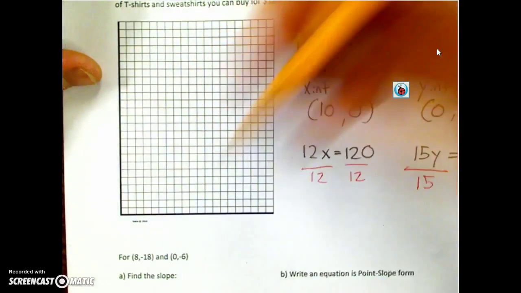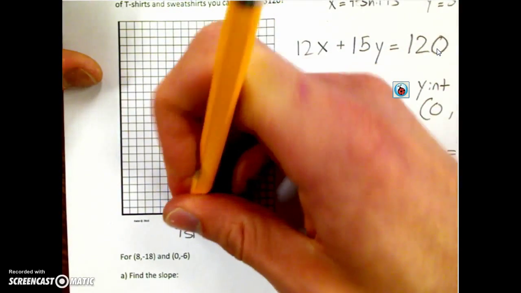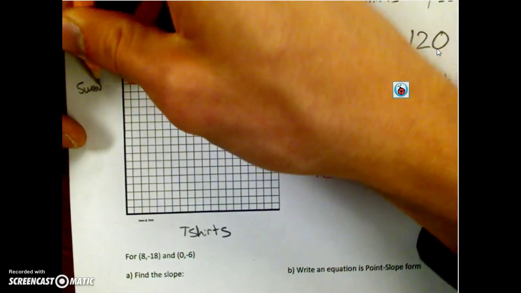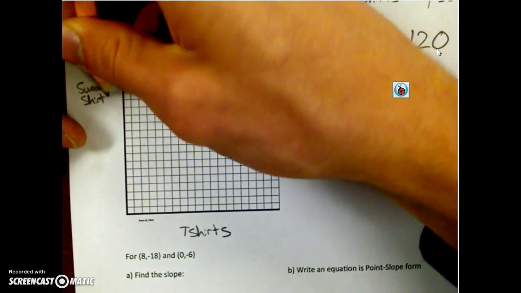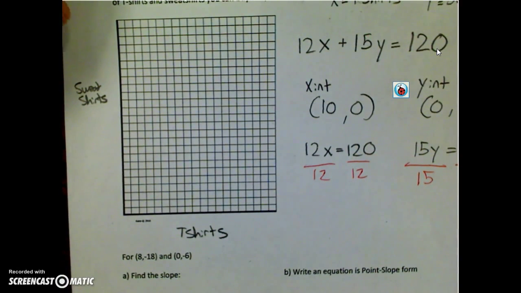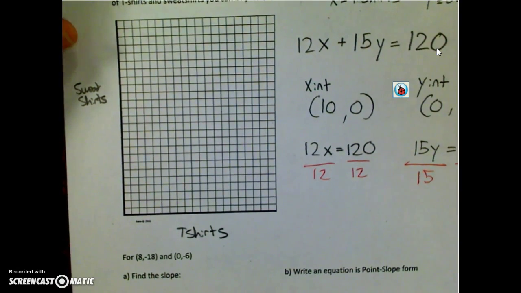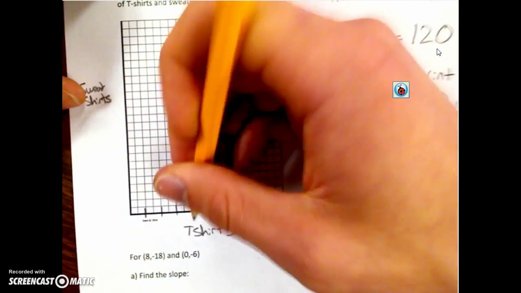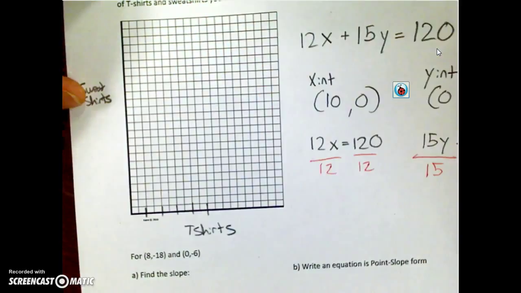Now let's get these scaled out. x is t-shirts. y is sweatshirts. So we see those two components. I'm going to go ahead and get my graph scaled and labeled for us. All right, I'm going to be counting by 2.